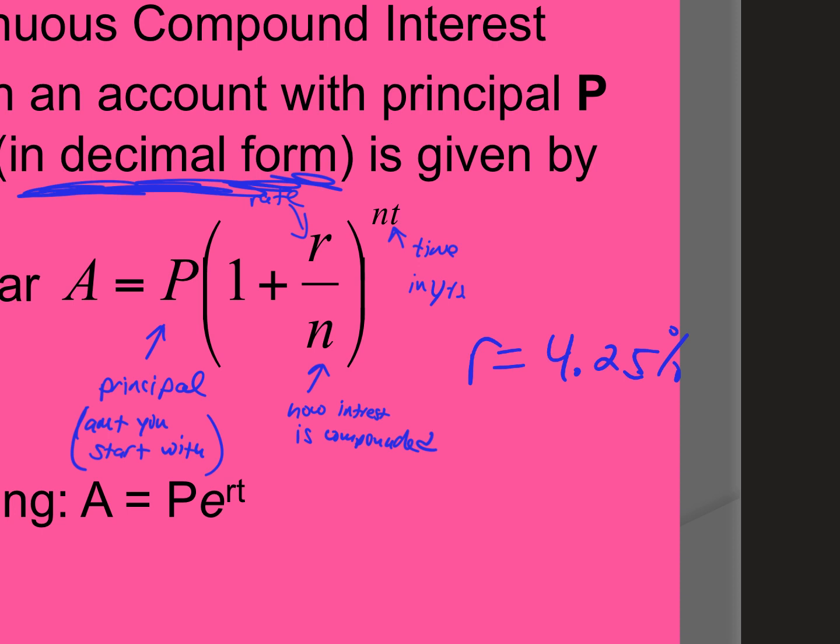You have to first move the decimal point over 2 times to the left. If you don't do that, there is a huge difference between 4.25 and 0.0425. Your calculations will be completely off. So you have to make sure that you pay attention to those little things.